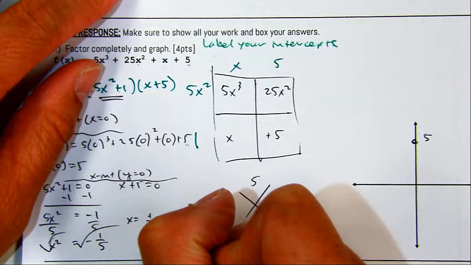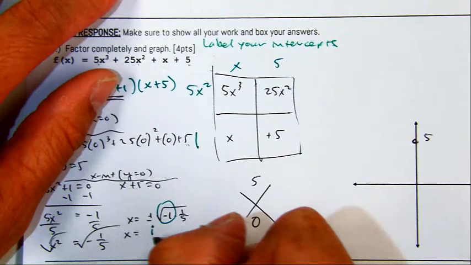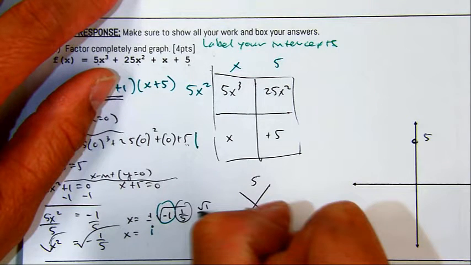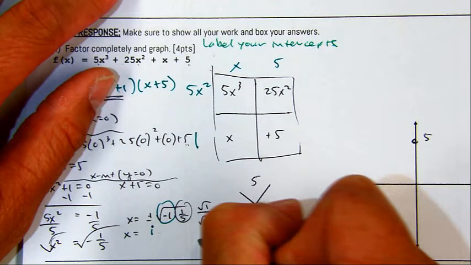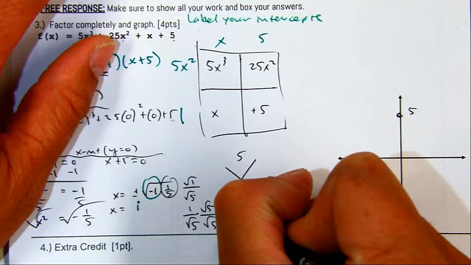The square root of negative 1 is i. So I have x equals i, and then radical 1/5. This is going to become radical 1 over radical 5, which is 1 over radical 5. And then you would rationalize the denominator, so radical 5 over radical 5. And so your answer would be radical 5 over 5.